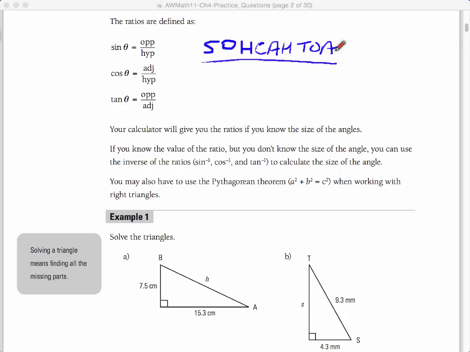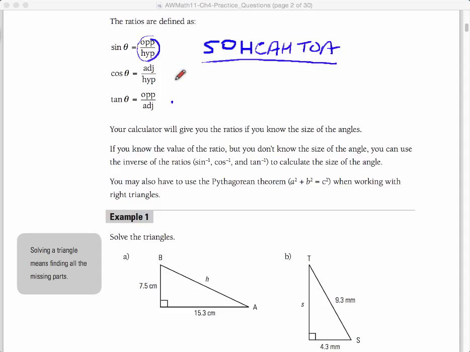So if you remember that, you remember that sine is opposite over hypotenuse, cos is adjacent over hypotenuse, and tan is opposite over adjacent. And these are called ratios. So this is the sine ratio for this angle, this is the cos ratio for this angle, and the tan ratio for this angle.